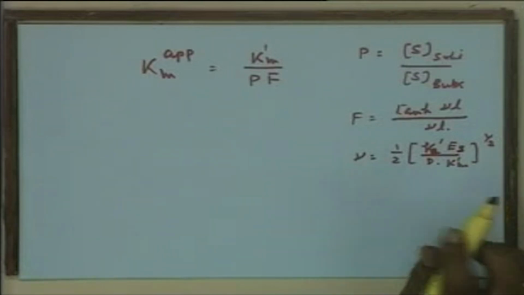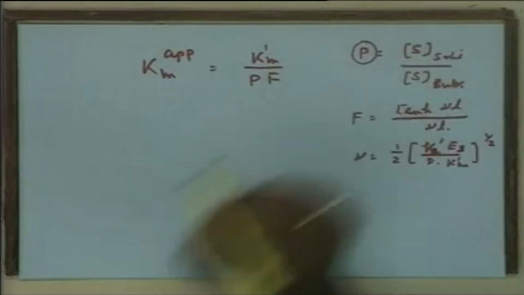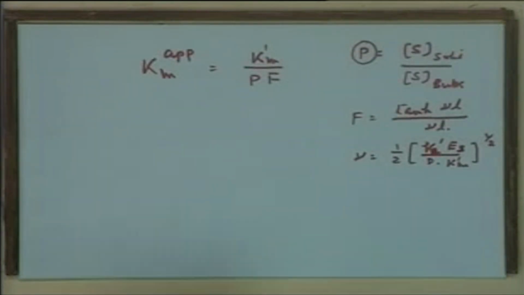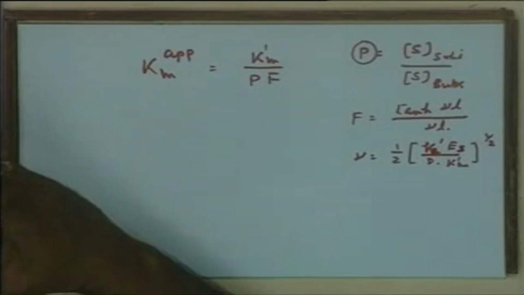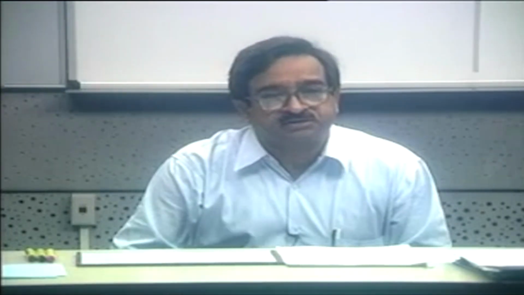Now, here the unique part is, while the parameter P is a fixed parameter, it depends on the chemical nature of the substrate and the matrix. Once the method of immobilization is fixed, the immobilized preparation is fixed, the value of P is fixed, and it behaves almost like a constant parameter.